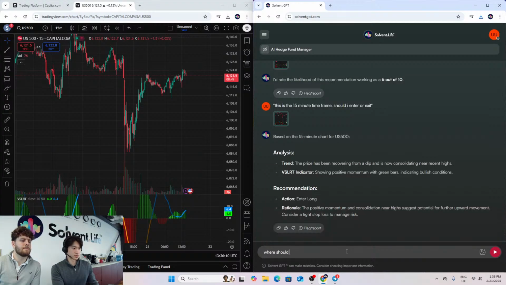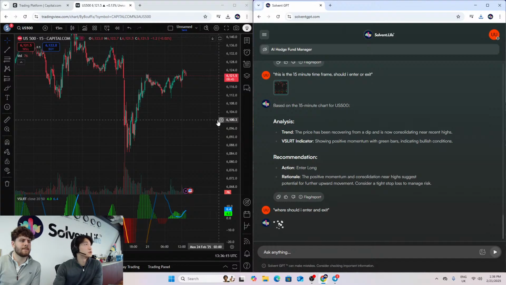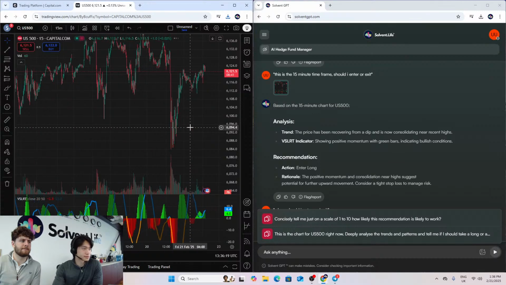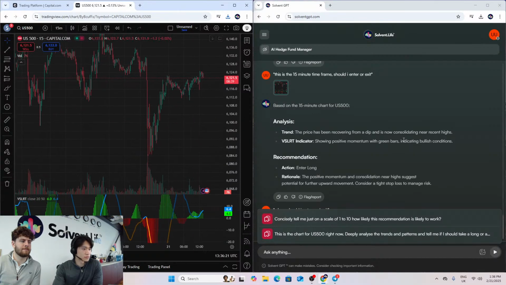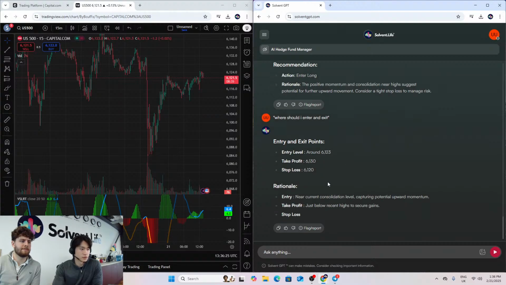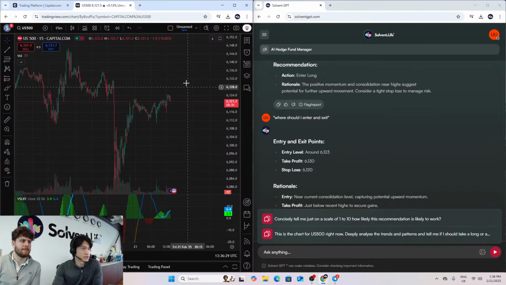Where should I enter and exit? Got entry of 6123. Take profit 6130.